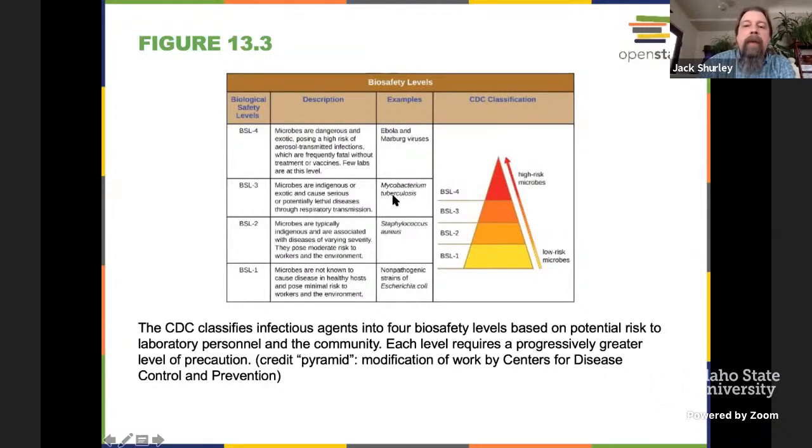We work with some mycobacterium, but not tuberculosis. So bringing it down here to this non-pathogenic level 1. There are a few organisms that we do work with, like Staphylococcus aureus, that are classified as level 2. They do pose a moderate risk. There are some potential issues.